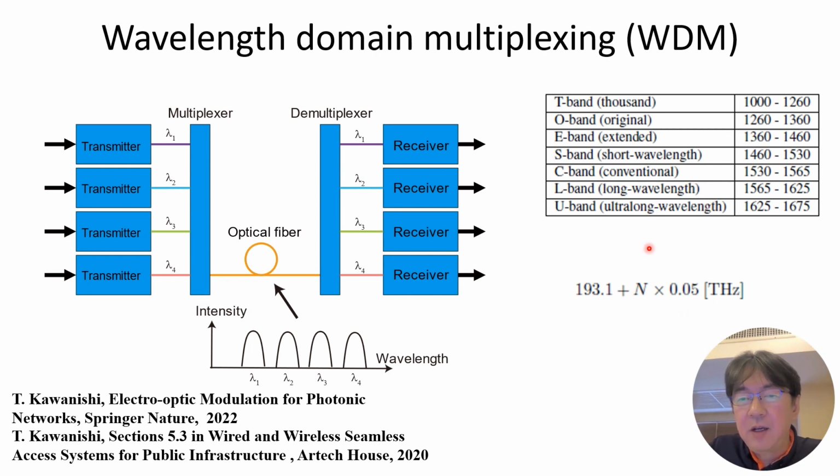And the channel is defined by this equation. The n is an integer. 193.1 THz is a kind of anchor frequency to define the WDM channels.